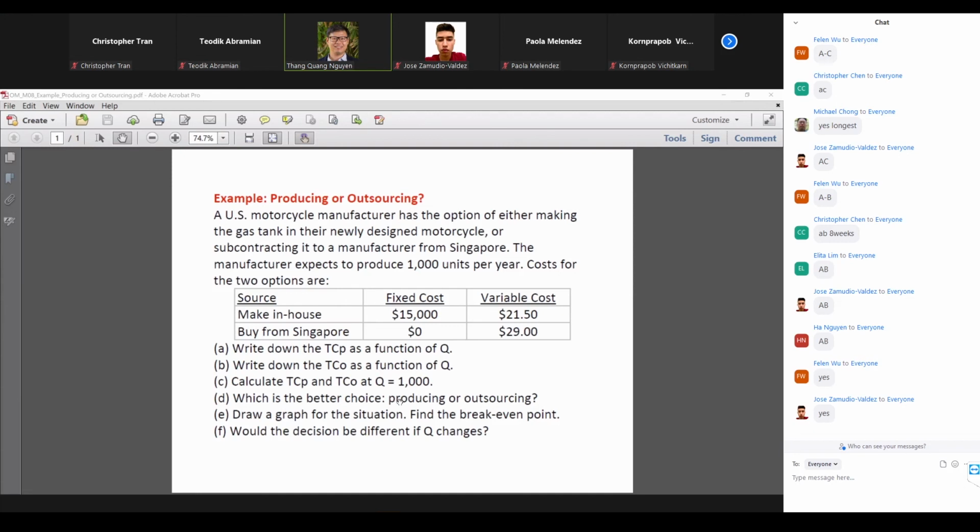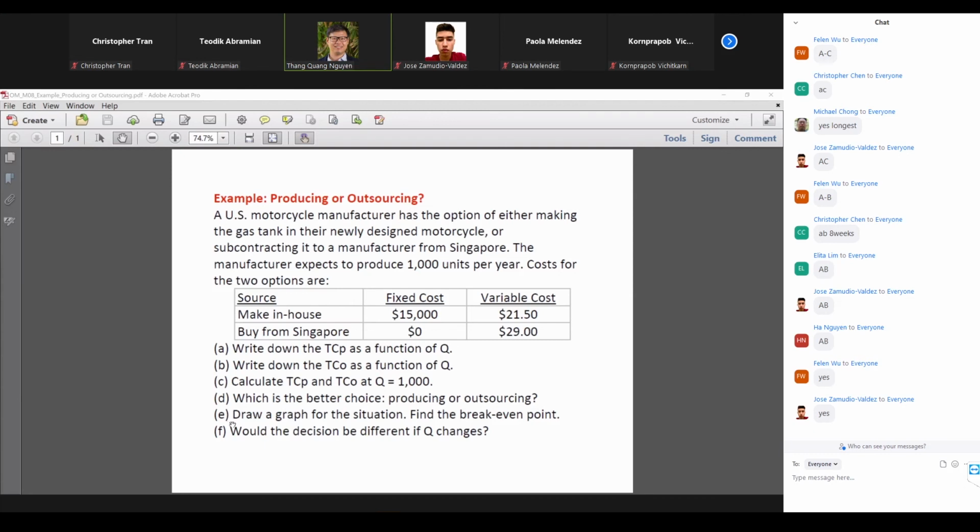If the total cost of production is smaller than outsourcing, then we choose producing. But if the total cost of outsourcing is smaller, then we're going to choose outsourcing, right? So the bottom line is we look at the cost and try to minimize the cost that we have to spend so that we have a wider profit margin, right?